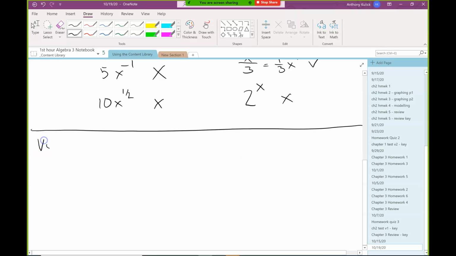So let's do a little bit more vocab. Let's say that we have the monomial 7x to the third.